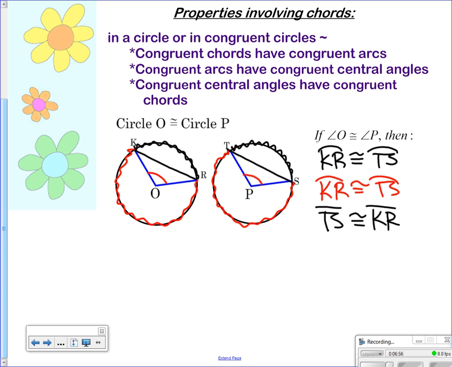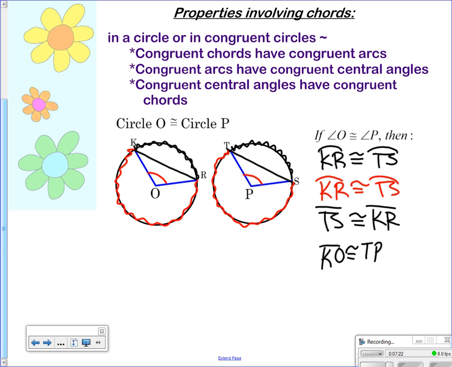Okay, there's a few more things that are going to be congruent. What about the radius? Yeah, we've got some radii going on that we know are going to be congruent. Is that what you were going to say? No. Okay, we'll come to you in a second. So here we've got KO in the circle on the left. What would that be congruent to in the circle on the right?